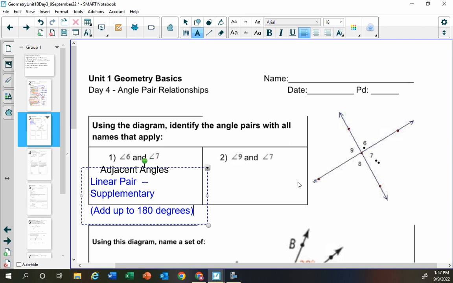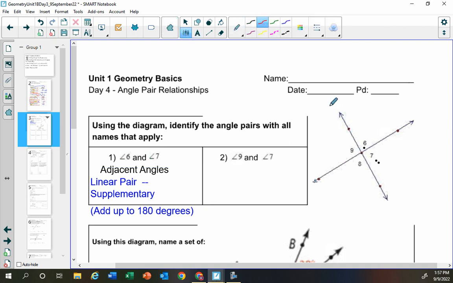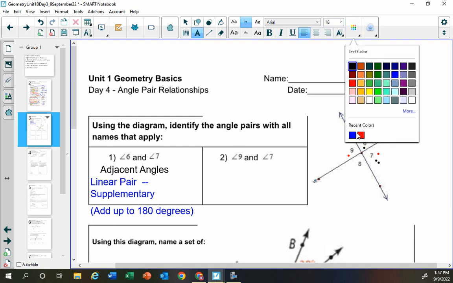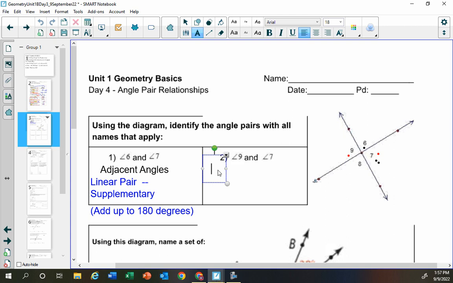So, good start. All right, now let's look at 9 and 7. Here's 9, and here's 7. They're vertical angles. That's right, Brooklyn. Good job. 9 and 7 are vertical angles. So what do we know about the relationship of vertical angles?